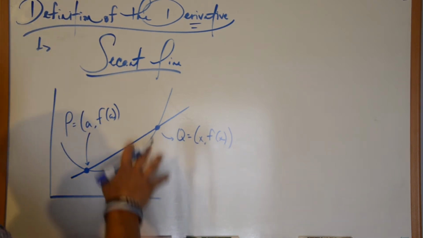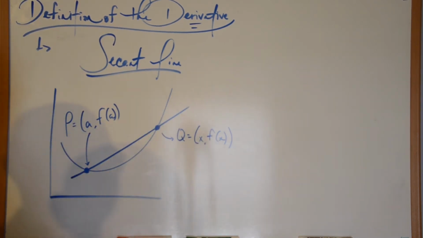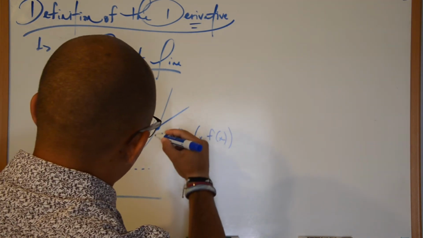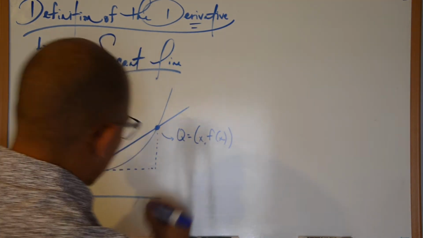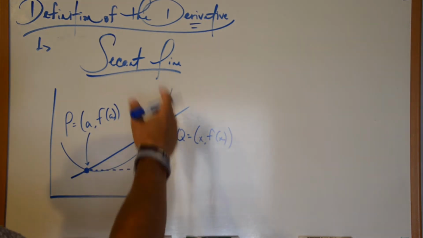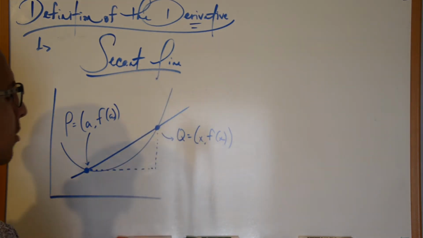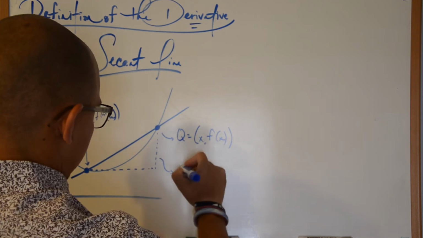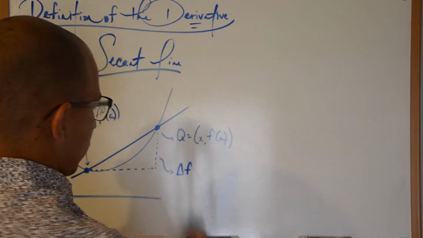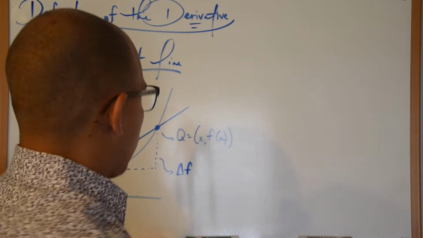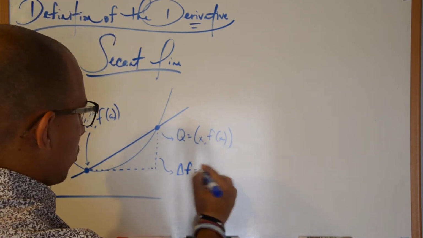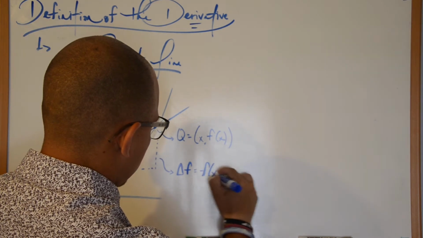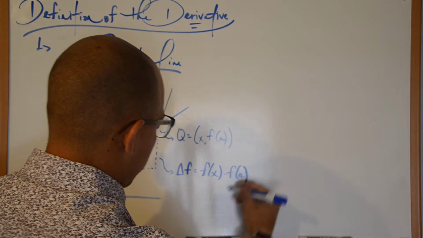Let's say we wanted to calculate the slope of the secant line. If you remember back to your Algebra 1 days, slope is the rise divided by the run. So if we were to calculate this, delta f, the change in the output, we would have f of x minus f of a.